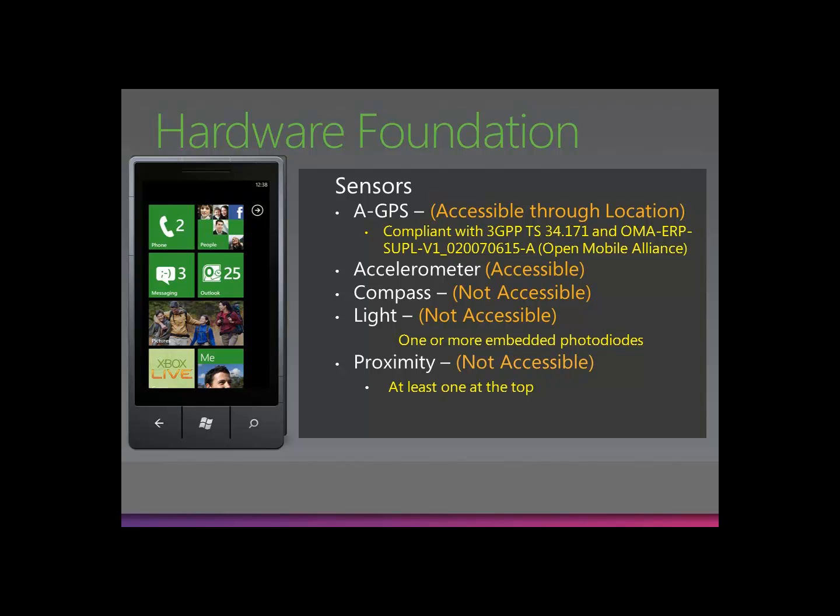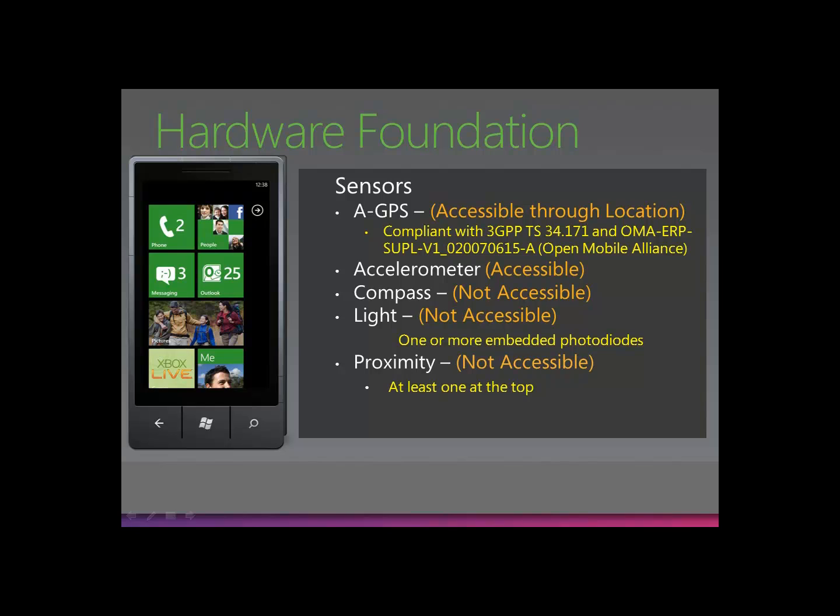Now, you'll notice in orange on the slide that I have either accessible or not accessible on the sensors. That's because at version 1, the only sensors that you will have API access to are the GPS and the accelerometer.